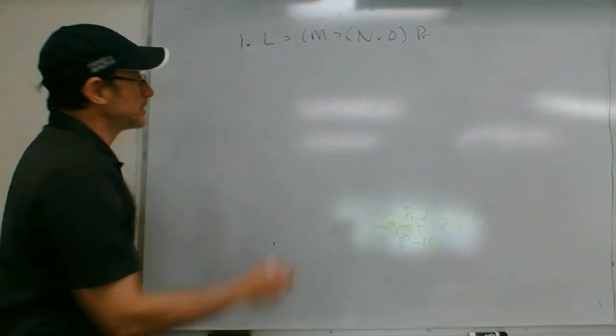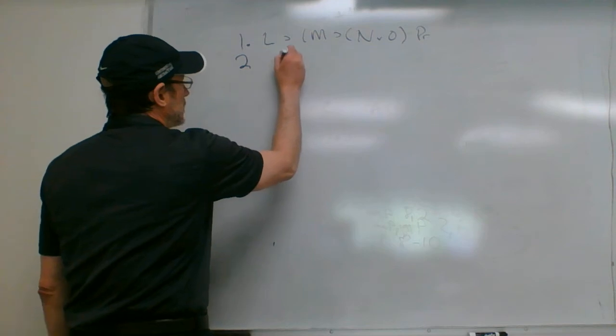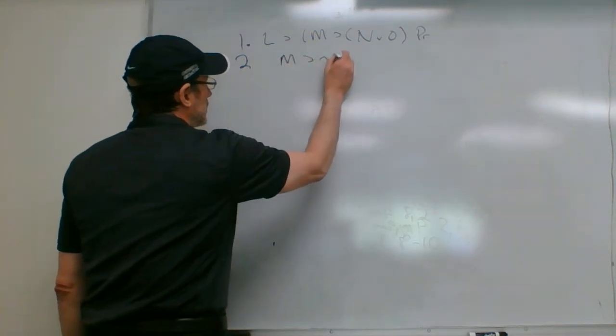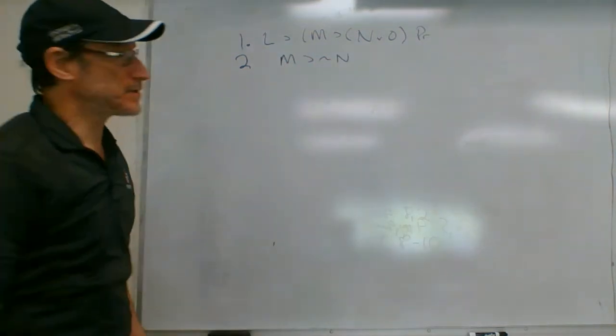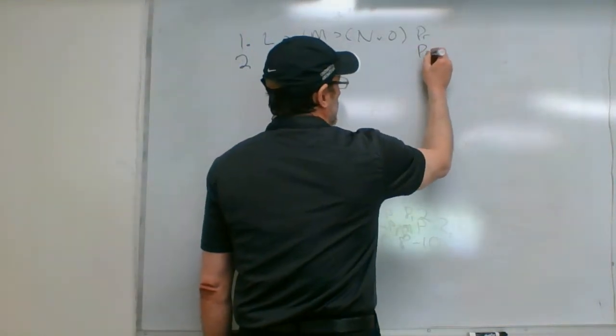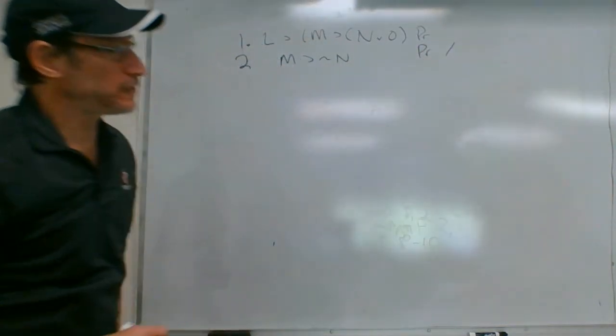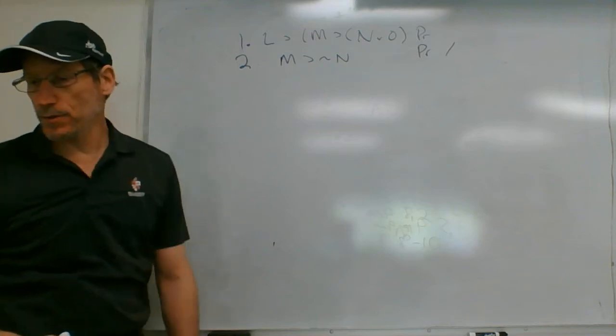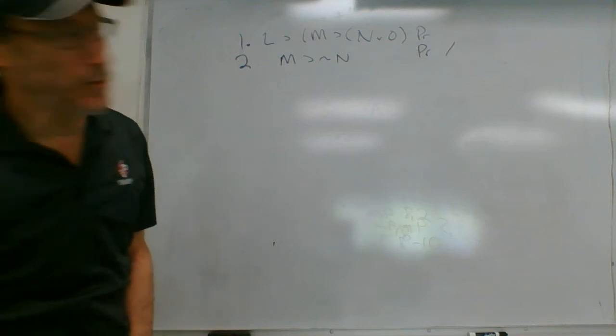Then we have M horseshoe not N. That's another premise. And we're trying to prove L horseshoe not M or O.